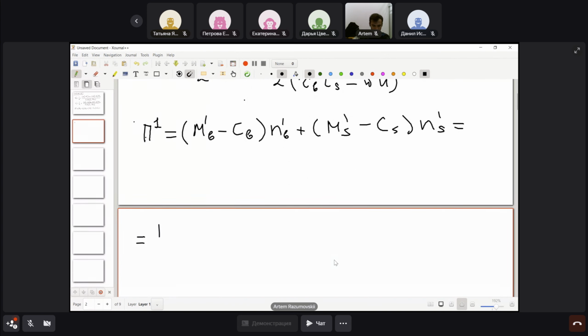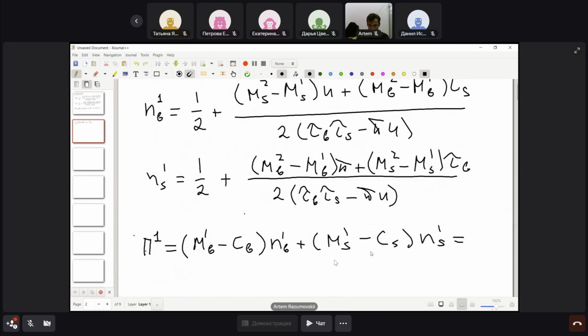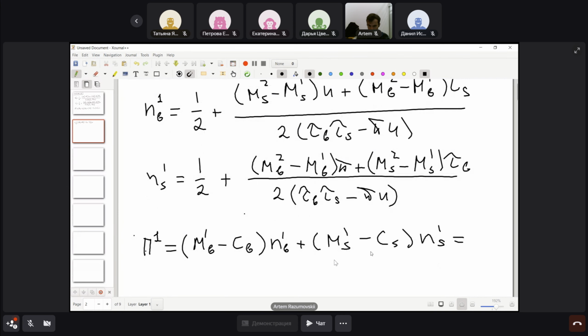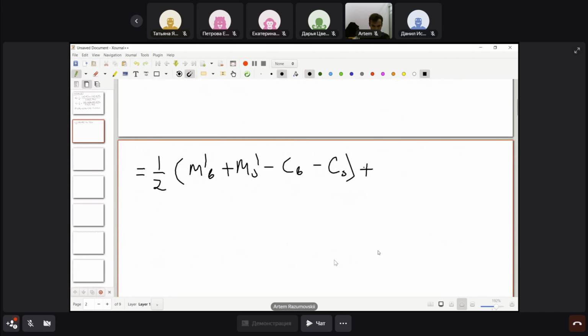So that will be 1/2 (buyers plus sellers minus cost), and then plus 2 tau sellers, tau buyers, minus, yeah, buyers.